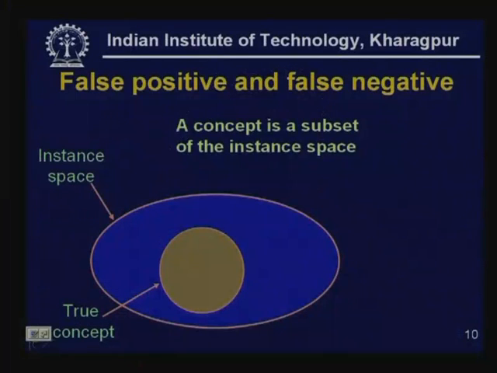The other instances do not belong to the concept class. So, the concept can be represented as a subset of the instance space, and our objective is to learn this concept. Now, we find a hypothesis, and this hypothesis in general may not be exactly the same as the concept.